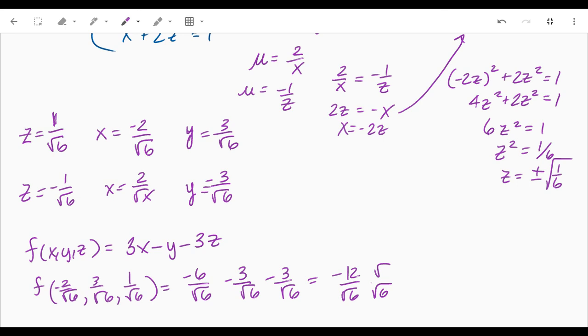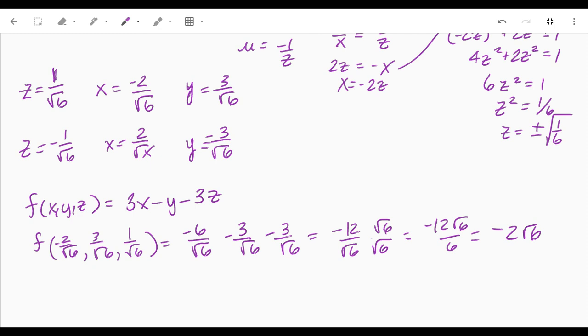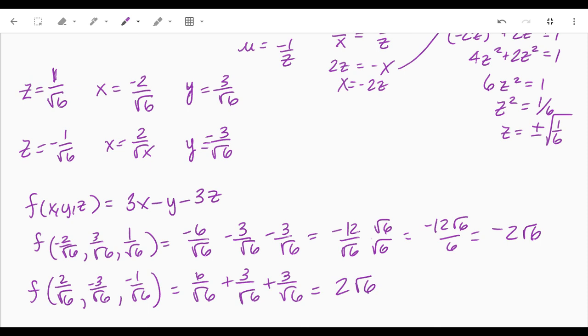We'll rationalize that. So negative 2 root 6. And then f of the opposites will be 6 over root 6 plus 3 over root 6 plus 3 over root 6, which is going to be 2 root 6. So the maximum value would be 2 root 6. The minimum would be negative 2 root 6.